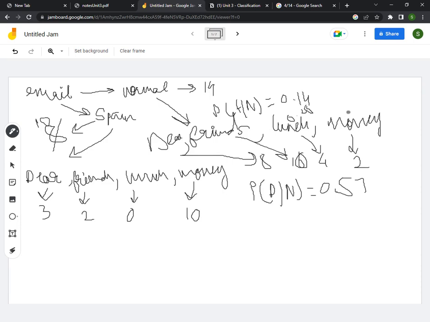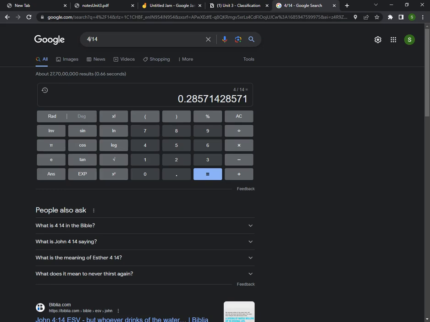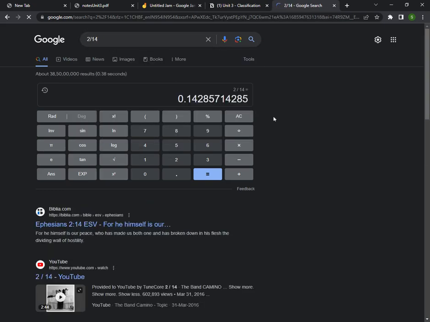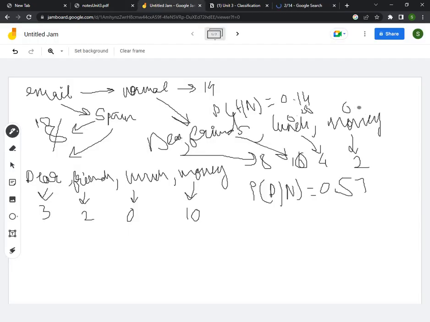And the probability of money would be 0.14. And hence we have taken the probability of every keyword. Now this probability of every keyword is also known as likelihood. We say this as the likelihood of an element.